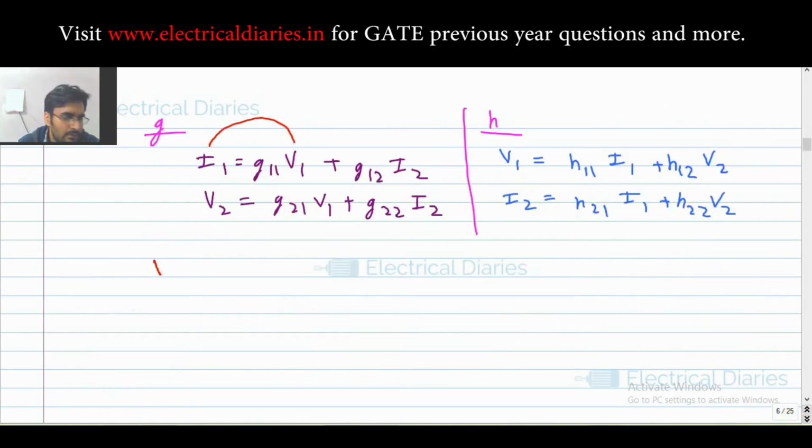Now see, V1 is equal to 0 I1 plus 1 by n V2.